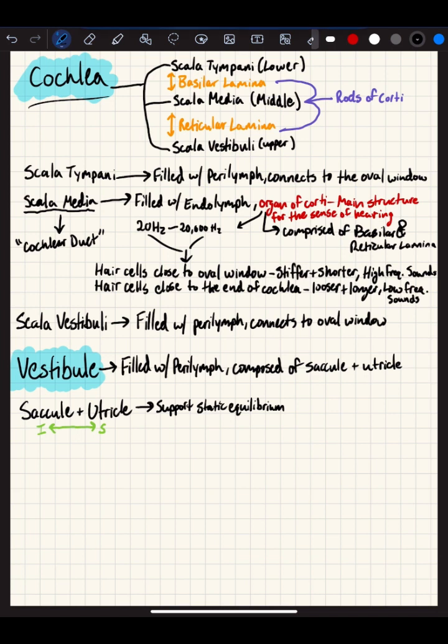So that's a lot of words and letters that basically just mean that the saccule and utricle monitor whether you are going horizontally, lateral versus vertical movement. They both respectively do those things. If it's horizontal movement, kind of like a car going side to side, that is going to be focused on by the utricle.